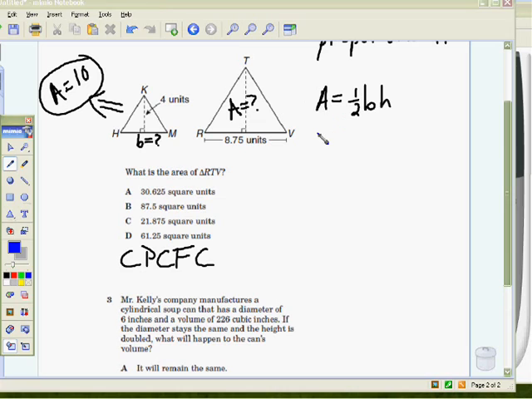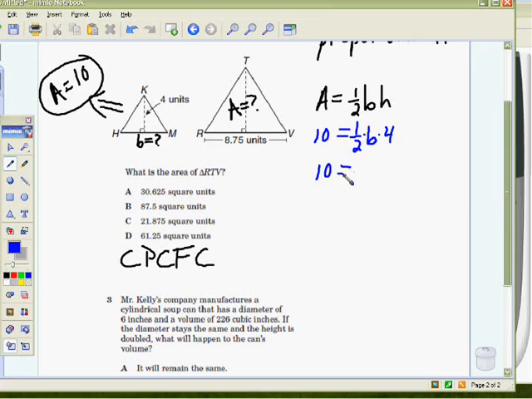The area of the small triangle is 10. I do not know what the base is, but the height is 4. And I can solve for B. 1/2 times 4 is 2. Solving for B, I divide by 2, and I get that the base is equal to 5.